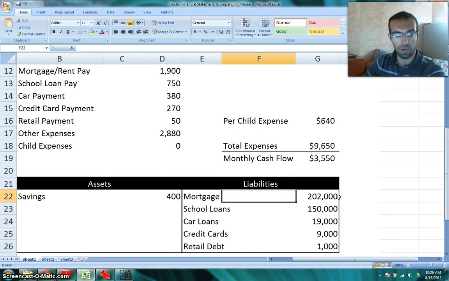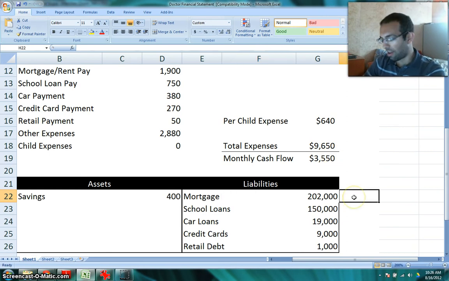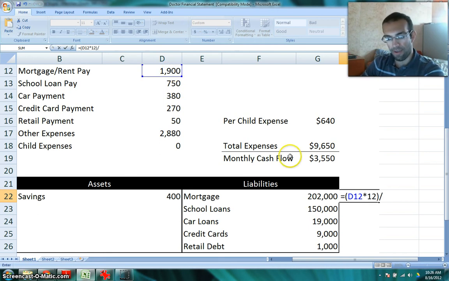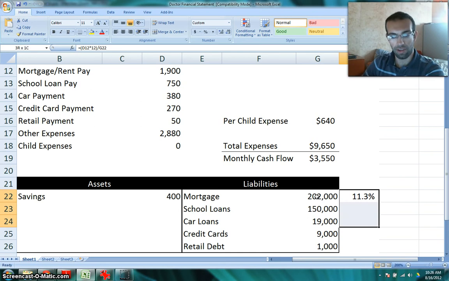It's a $202,000 mortgage, and I'm paying $1,900 a month in interest. We'll assume all these liabilities are interest-only payments. So I take the monthly mortgage payment, multiply it by 12 to get an annual number, then divide by the mortgage balance. For our mortgage, we're paying 11.3% annual interest.